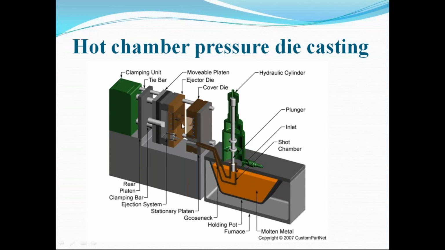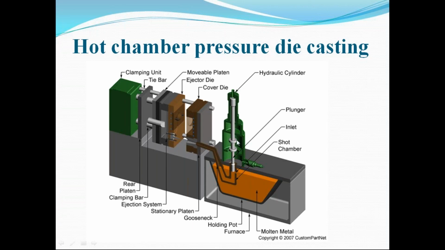The ejector pin is also available, and there we use a cooling system to increase the die life and for better quality products. First, through this pore the liquid material fills the shot chamber, then we apply the plunger.